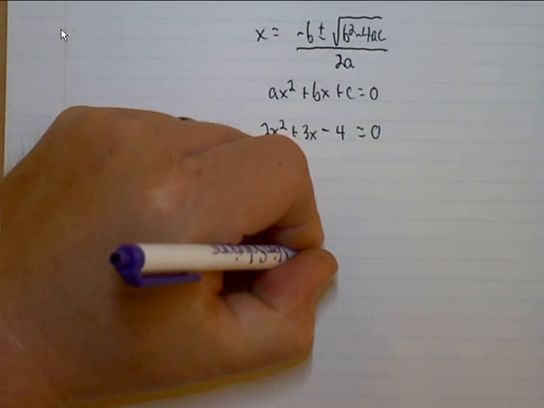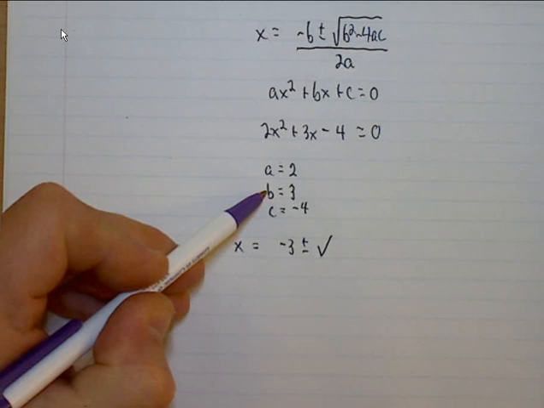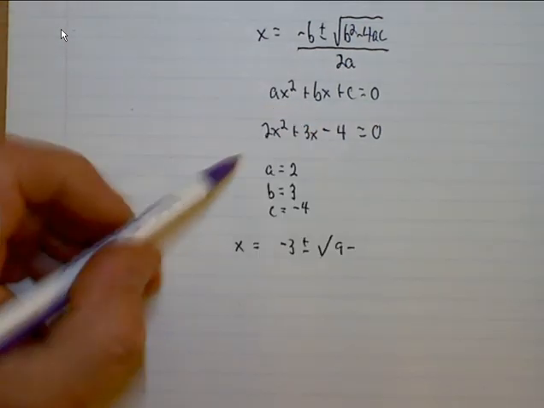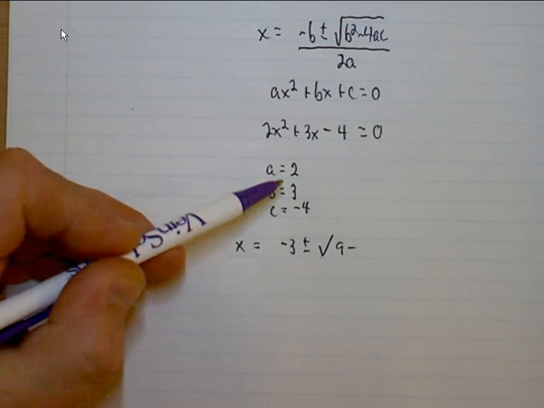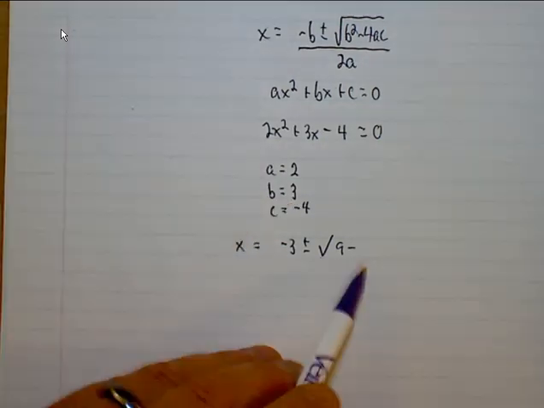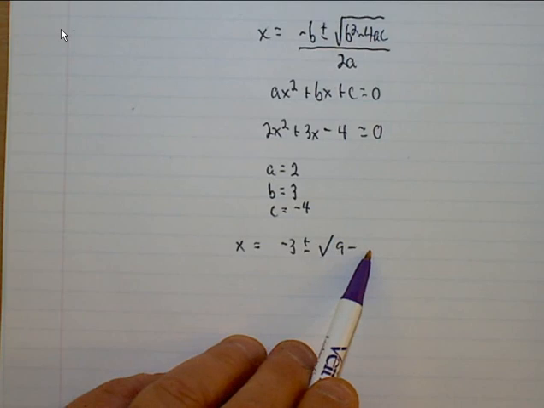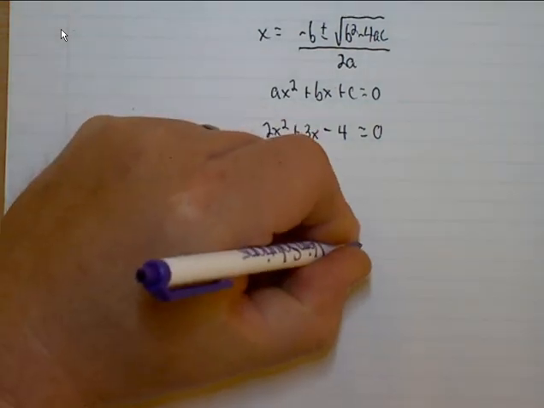The square root of B squared minus 4 times A times C, 4 times 2 times negative 4, negative 32. So what's that going to do to that minus sign? Yeah, it's going to be 9 minus negative 32, so that'll make it 9 plus 32.